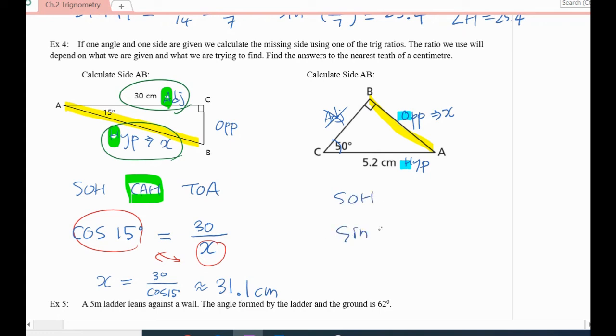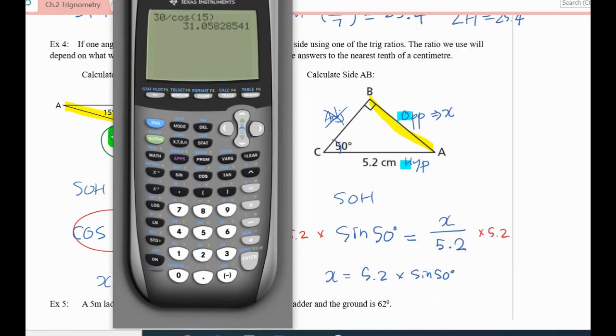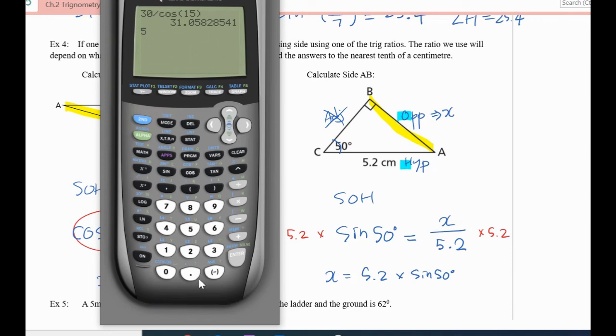So sine 50 is opposite over hypotenuse. This time x is in the top, so what we do is multiply by 5.2. X equals 5.2 times sine 50.